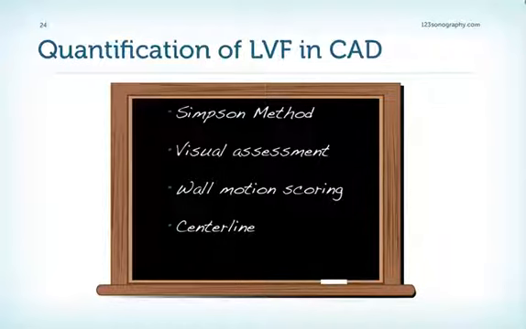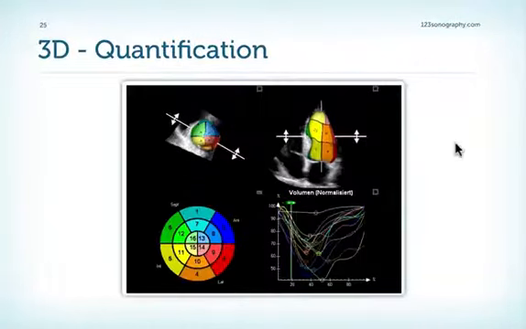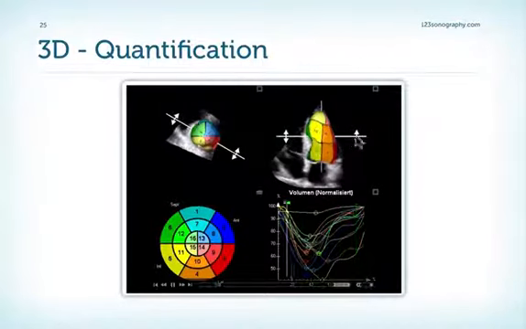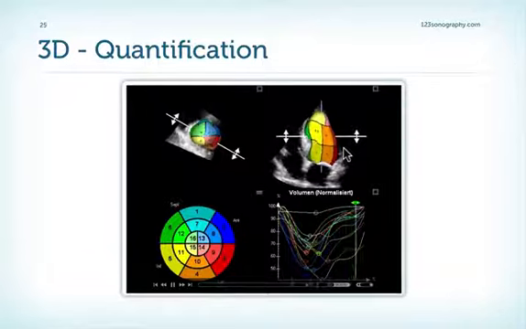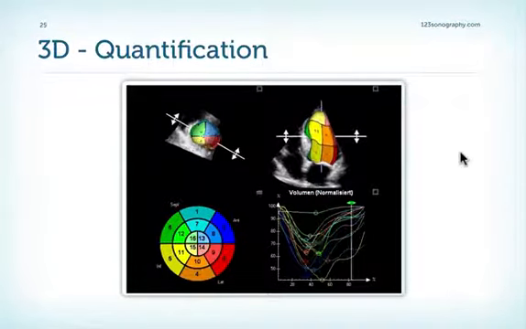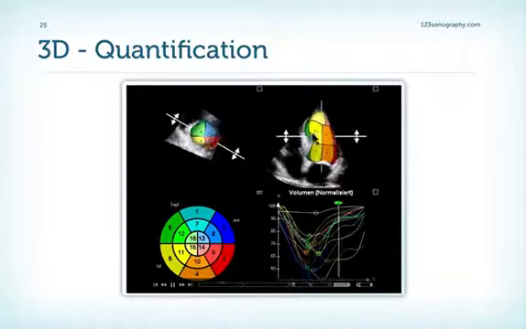But what I do believe will have a future are the so-called 3D methods. This is an example, a 3D study in a patient with a left ventricular aneurysm. After contouring the left ventricle, what we get are these so-called pumping bags, which allow us to calculate left ventricular function, not only globally, but also the regional function based on the individual segments.